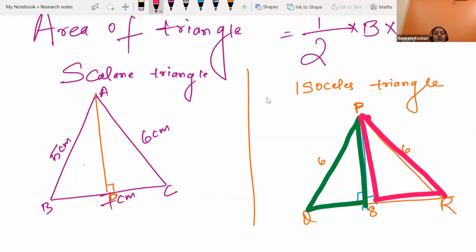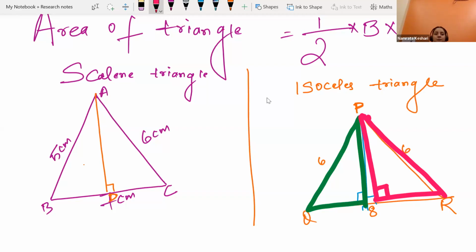How? Check it. Here 90, there 90, here 6, there 6. Here this common side PM, there also common side PM. Which congruency criteria? RHS. Yes or no?